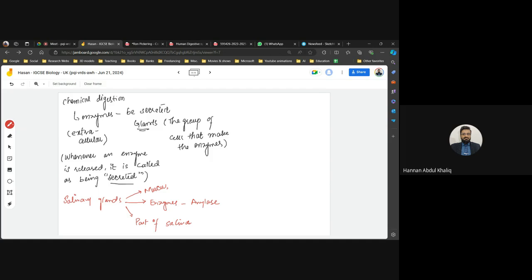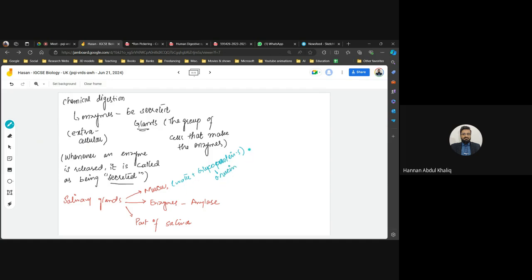The composition of mucus is water plus some glycoproteins, some proteins, and carbohydrates. These glycoproteins are also called mucin.